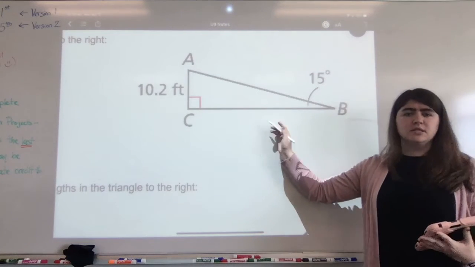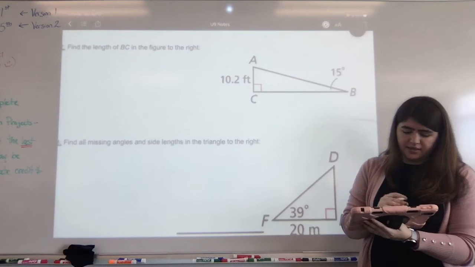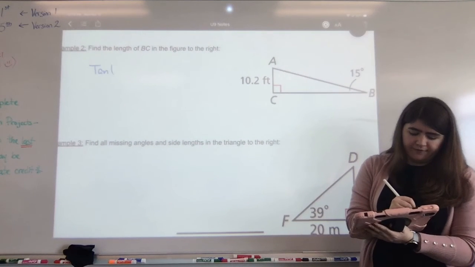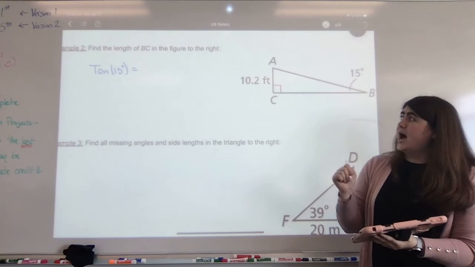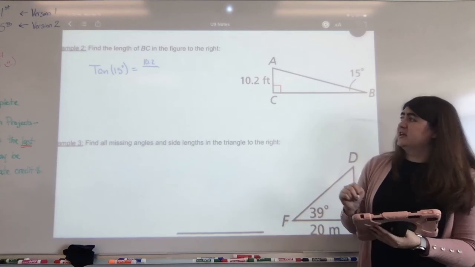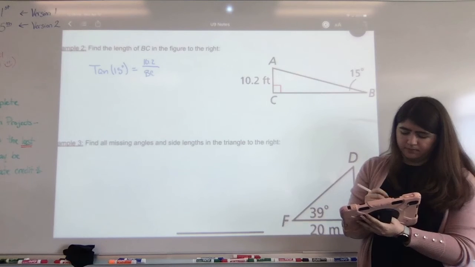BC is adjacent. So that is what we're looking for. To set this up in our formula, I then have that the tangent of 15 degrees is equal to the opposite side, which is 10.2, over the adjacent side, which is BC, what we're trying to solve for.